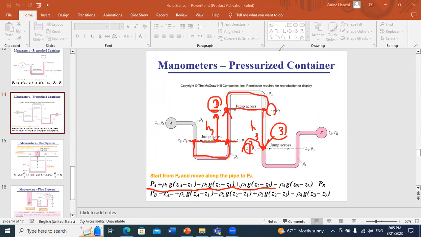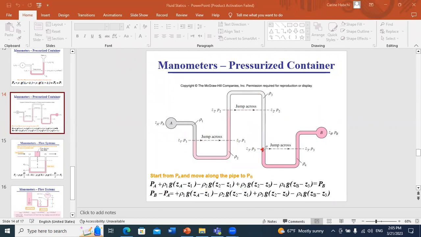So until now, I reached this point. I know the pressure at 3, and I want to continue. Because now I have moved in a new fluid, this is the same fluid of density rho 4, I can jump across until reaching this level. And now to reach point B of interest, I am moving upward.